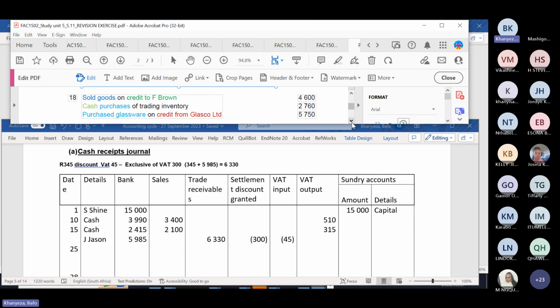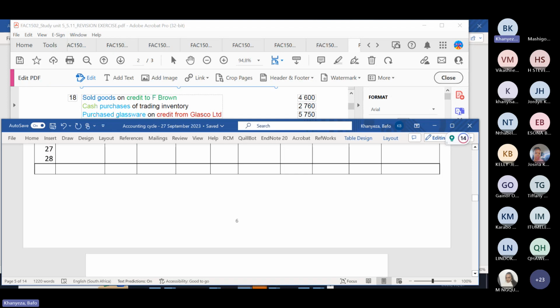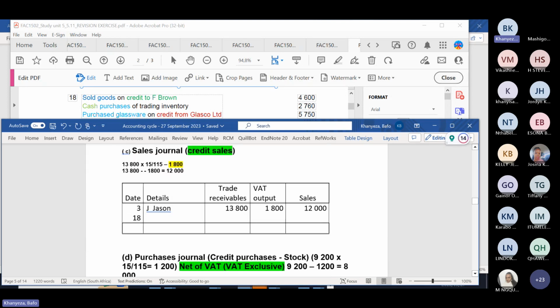Sold goods on credit. So we are now selling goods to F Brown. Does this go to cash receipts? No, you didn't receive cash. Cash payment? No, no cash. Does this affect the sales journal? Yes, because this is the credit sales journal. So the name of the person is F Brown.